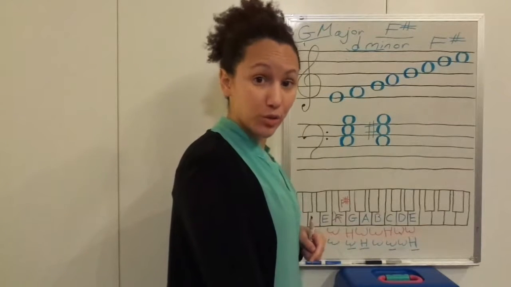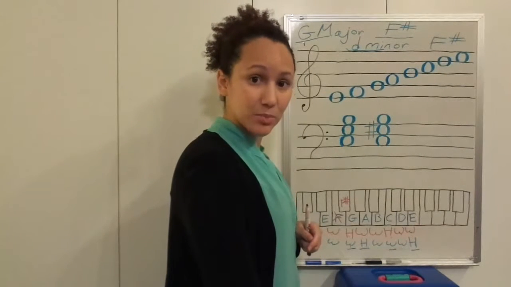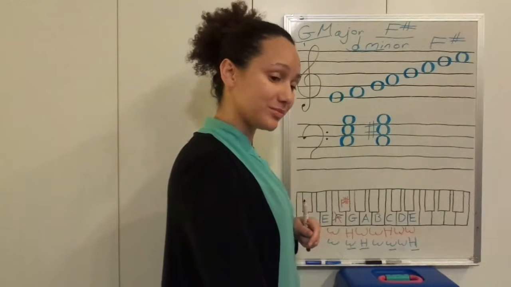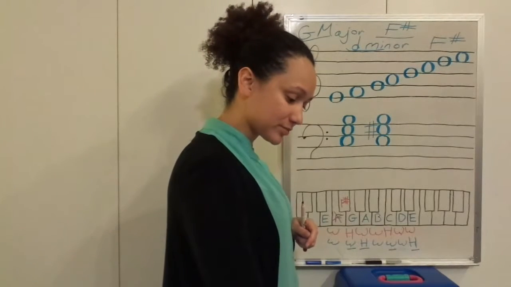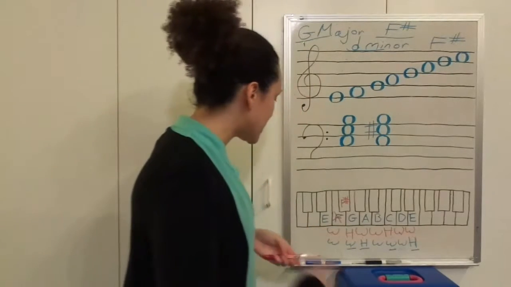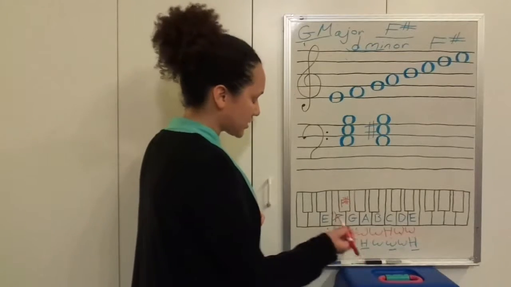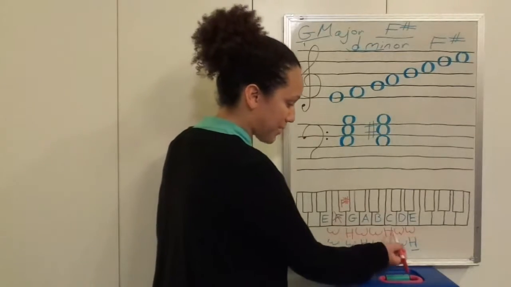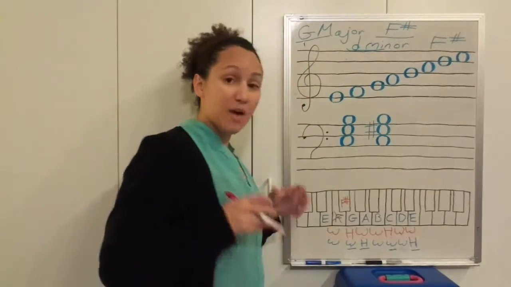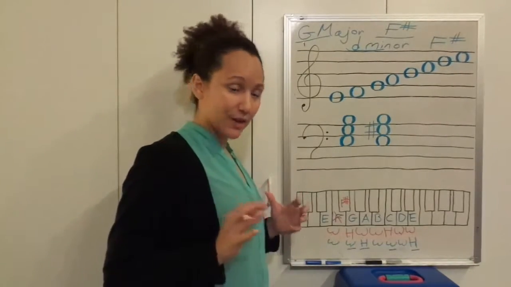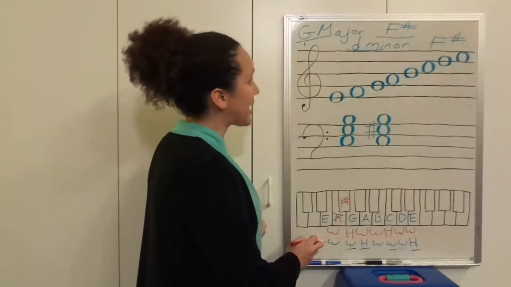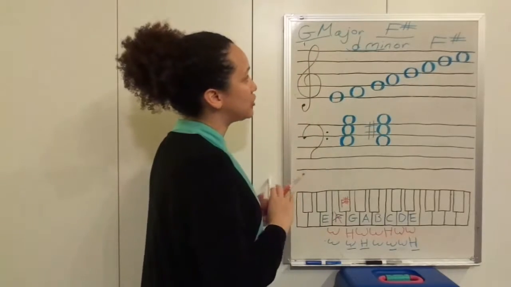The middle note, or the 3rd note, is a little bit lower. Major, minor. There we are. So the minor pattern is whole step, half step, whole step, whole step, half step, whole step, whole step, as opposed to the major pattern, as in G major.